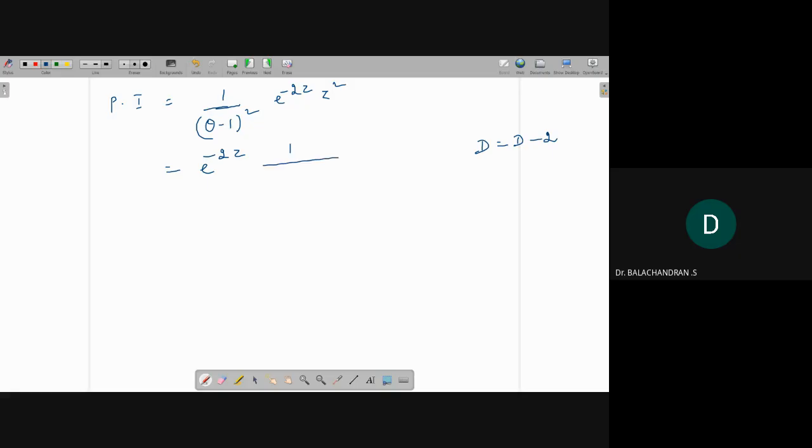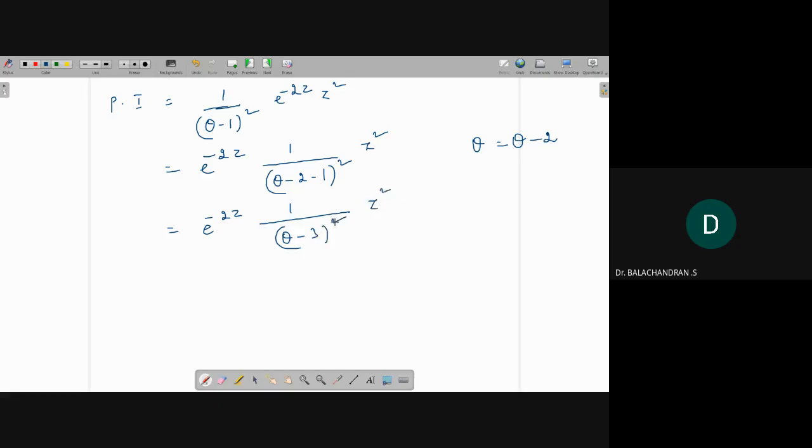So I am also doing the same mistake here. So it is 1 by theta minus 2 minus 1 whole square into z square, which is equal to e power minus 2z, 1 by theta minus 3 whole square into z square.